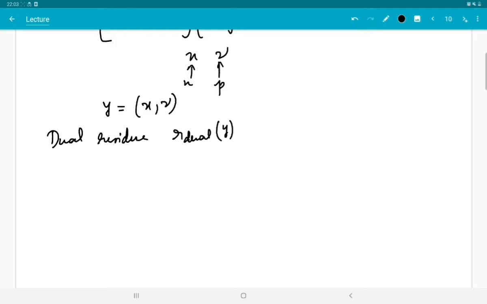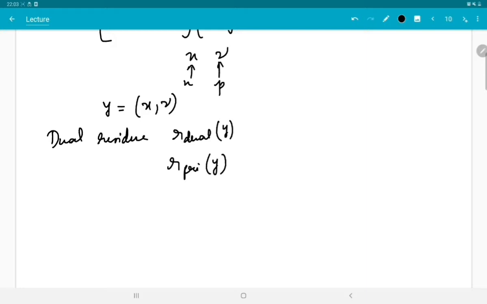Residue is something which conveys how close we are to the optimal point. It is similar to lambda in our previous case, the Newton's decrement. In this case, R dual is the residue of the dual, and there is R primal of y which works for the primal.